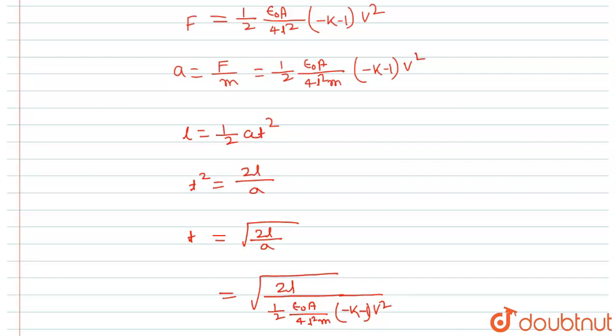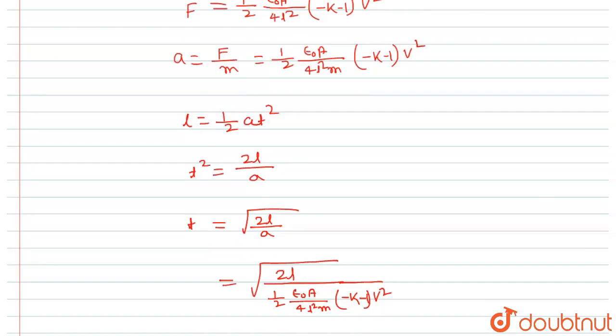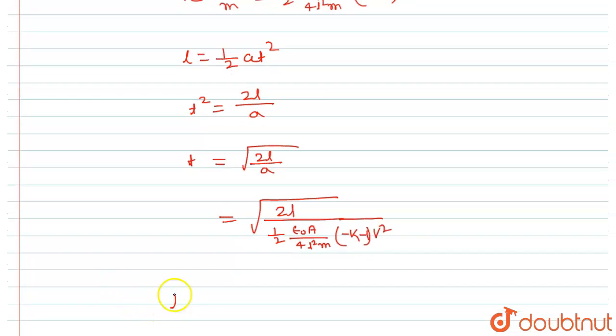After solving this, t is equal to 2l divided by epsilon naught into minus k minus 1 and v square, clear. This is the t value.